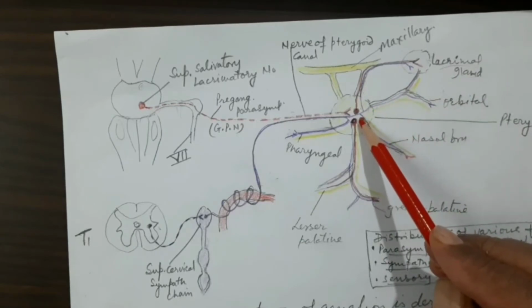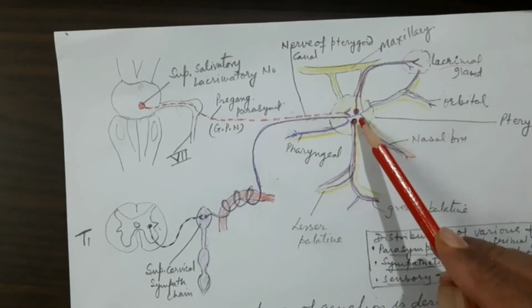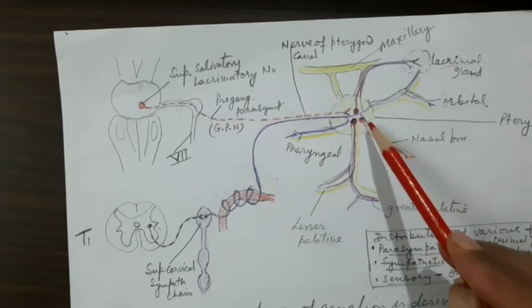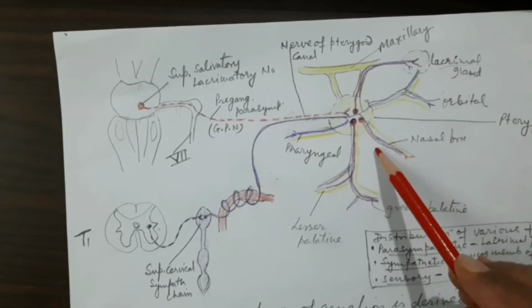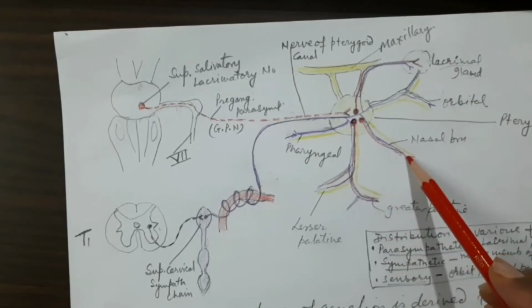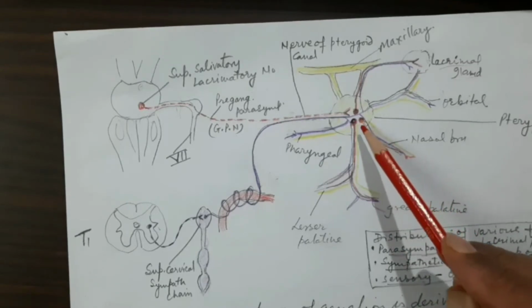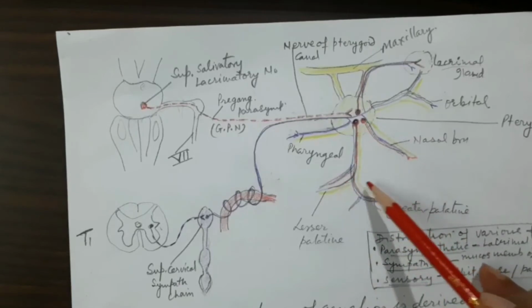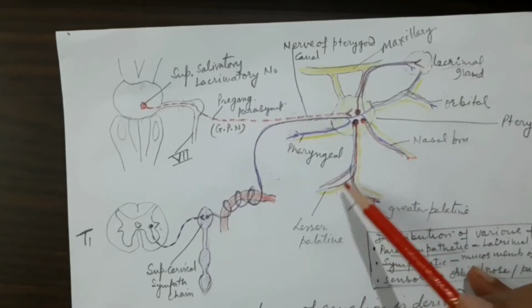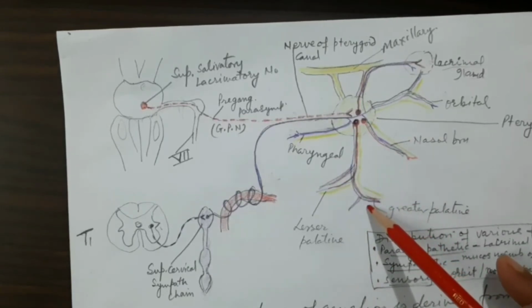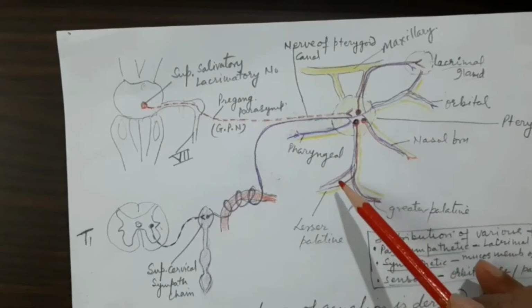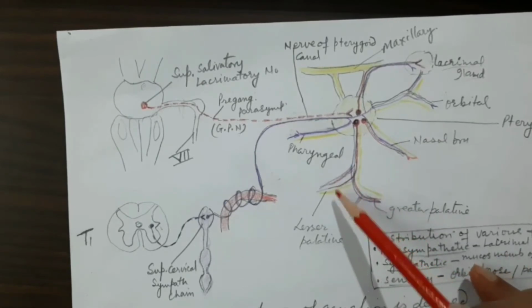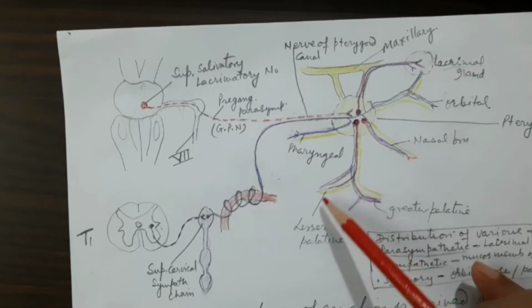Second, postganglionic parasympathetic fibers will go to the nasal mucous membrane, where a lot of mucous and serous glands are located in the nasal mucosa. And the third, postganglionic fibers will go to the palatine glands, which are situated in the hard palate mucosa and the soft palate mucosa.